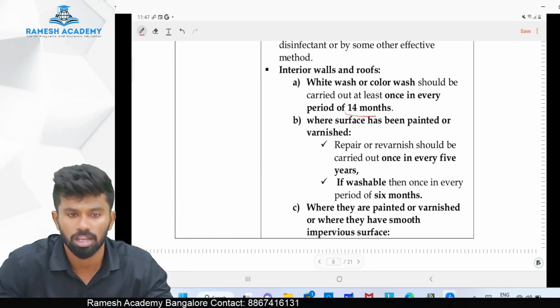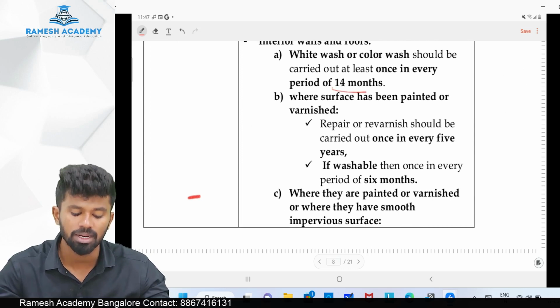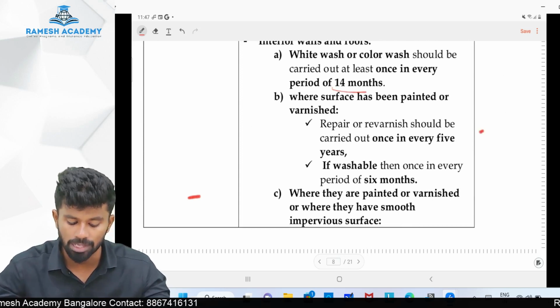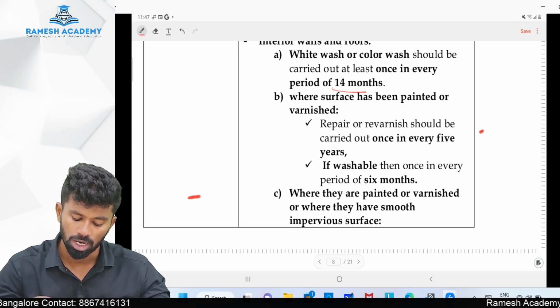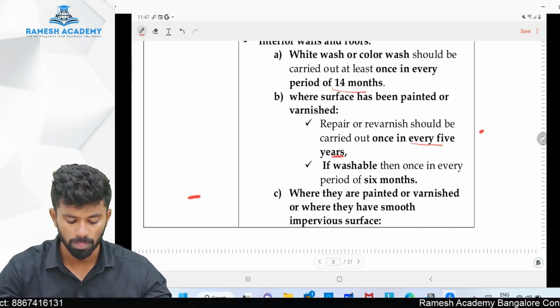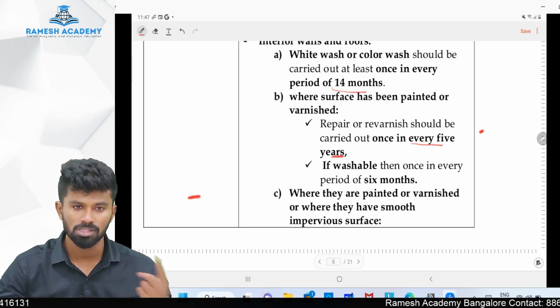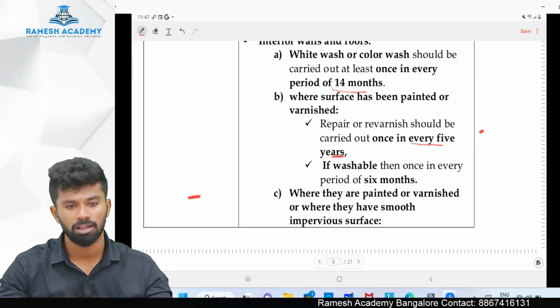Then where the surface has been painted or varnished, it has to be repainted or varnished at least once in every 5 years. Okay, painting of these walls once in 14 months, then once in every 5 years.